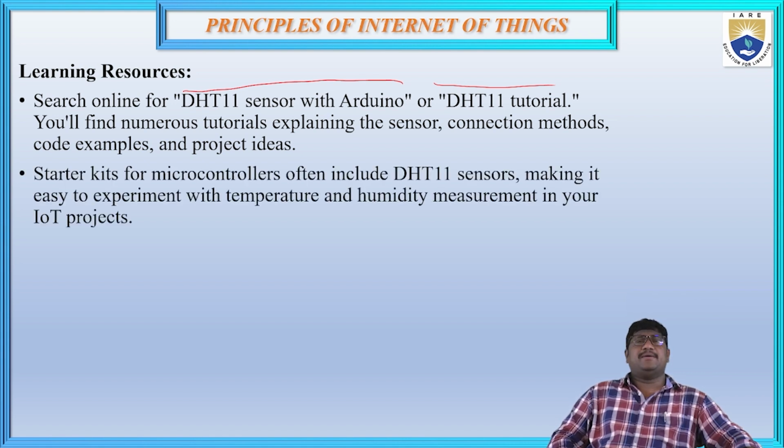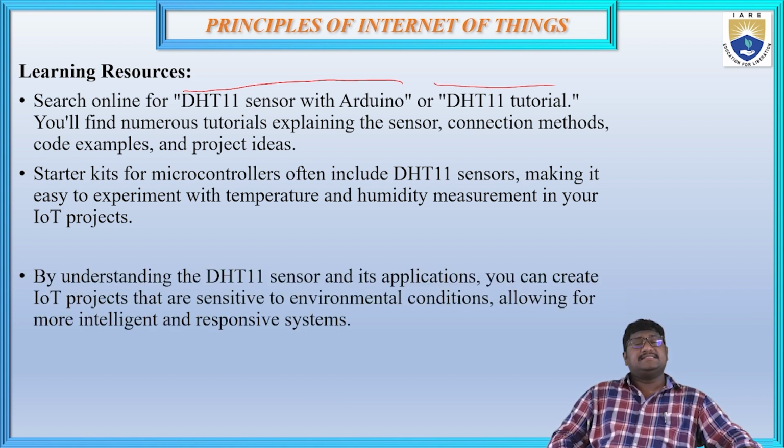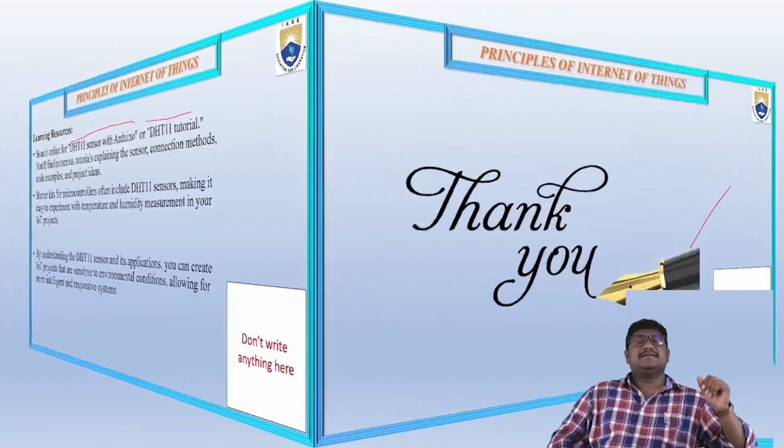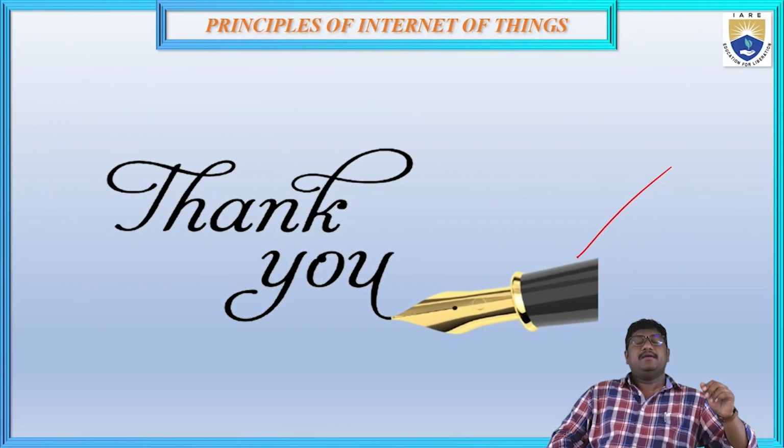As I told you, there are a number of kits with a microcontroller, which include this DHT11, for a better experiment process for measuring temperature and humidity in our IoT projects. One thing I can confidently say, if you understand this DHT11 sensor and its applications, you are going to create wonders in your IoT projects with sensitive environmental conditions by enabling intelligent and responsive systems. That I can confidently say.